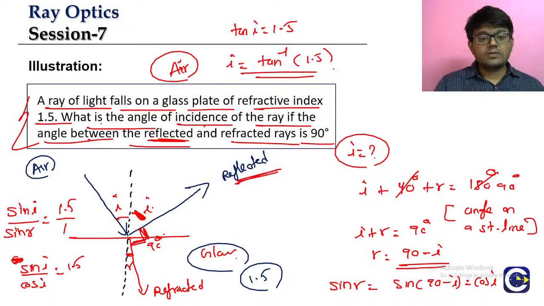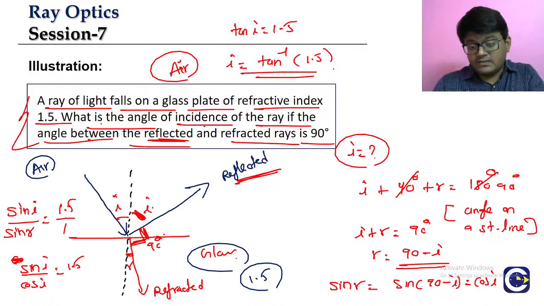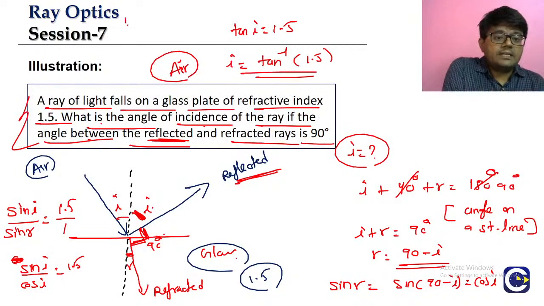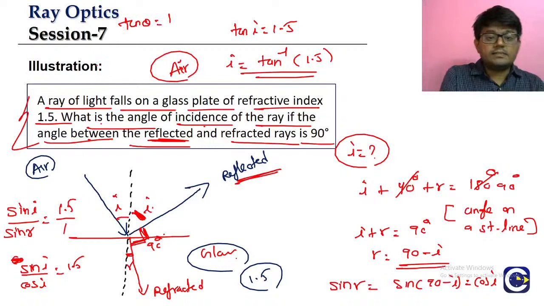Okay, so clear. This is the angle of incidence for which the reflected ray and the refracted ray will be perpendicular to each other. If you want to approximately tell what the angle will be, think about it. Tan theta is equal to 1 means theta will be 45.